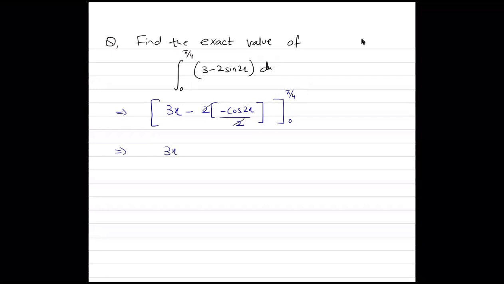3x plus cos 2x, the upper limit is pi by 4 and the lower limit is 0. So if I plug in the upper limit as pi by 4, I'm going to get 3 pi by 4 plus cos of 2 times pi by 4, minus 0 plus cos of 0.